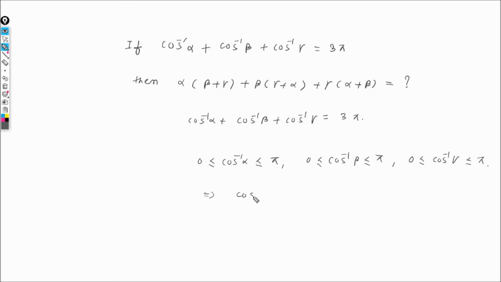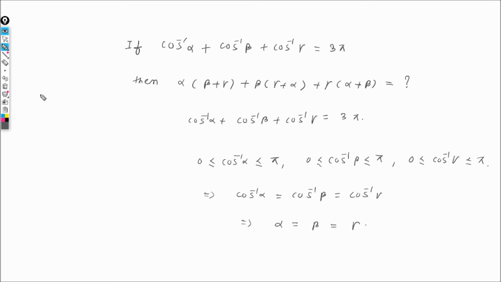This implies cos inverse of alpha is equal to cos inverse of beta is equal to cos inverse of gamma. So this implies alpha is equal to beta is equal to gamma.